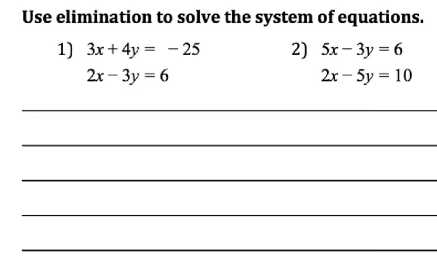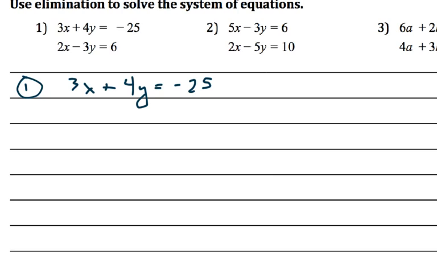Okay, now we always have to rewrite these. So here's one. 3x plus 4y is negative 25, and then I have 2x minus 3y is 6. And what I said was we can double the first one and then triple the second one, but I'll also want to multiply it by negative so that it becomes the opposite.